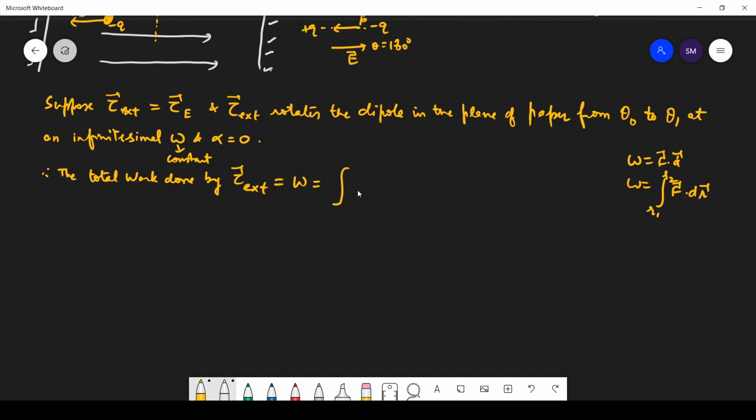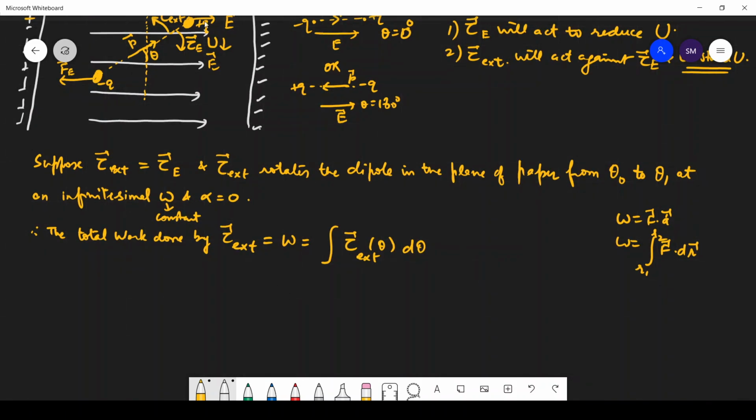So now here I have torque. So how will I give it? Tau external into d theta. It will be positive work because I am doing it in the direction of the displacement. The displacement will be in this direction, and the external force is also in this direction.